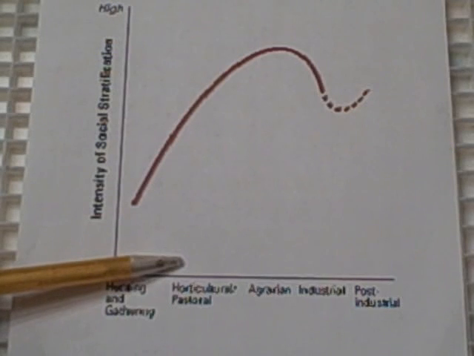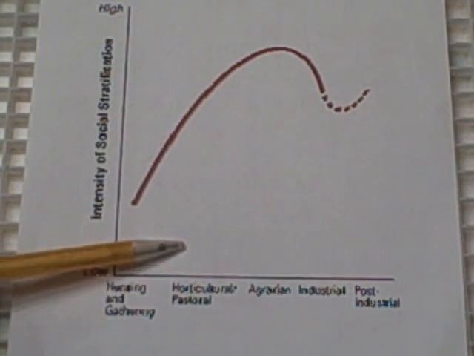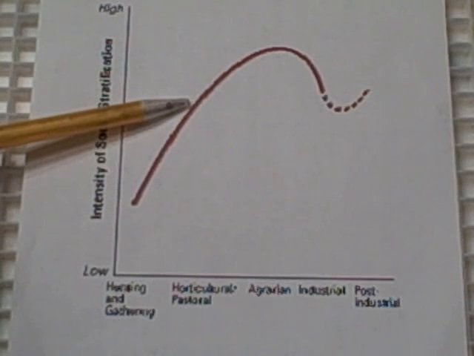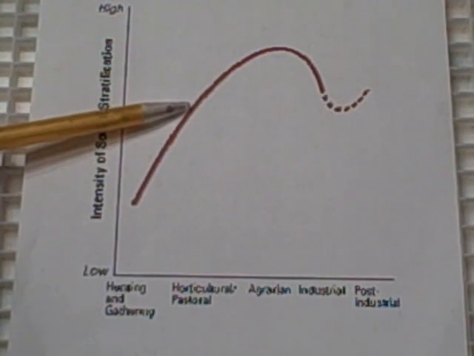But as we move to horticultural pastoral society, the level of social stratification increases. You could have a bigger field than I do and produce more grain, wheat, whatever. You could also have a bigger herd of animals than I do, and therefore you would be wealthier. Still, though, there isn't an extreme social stratification.